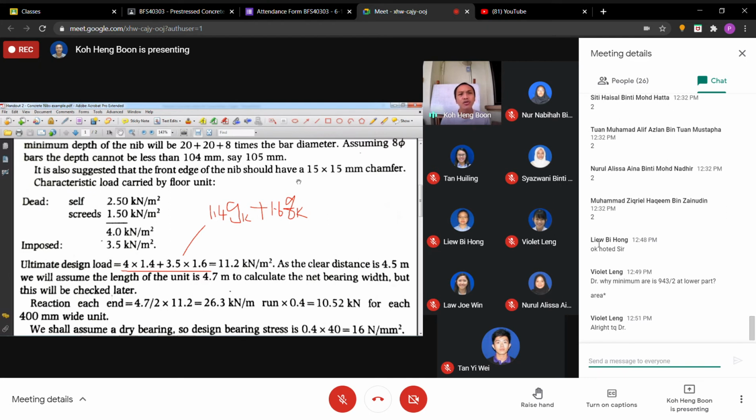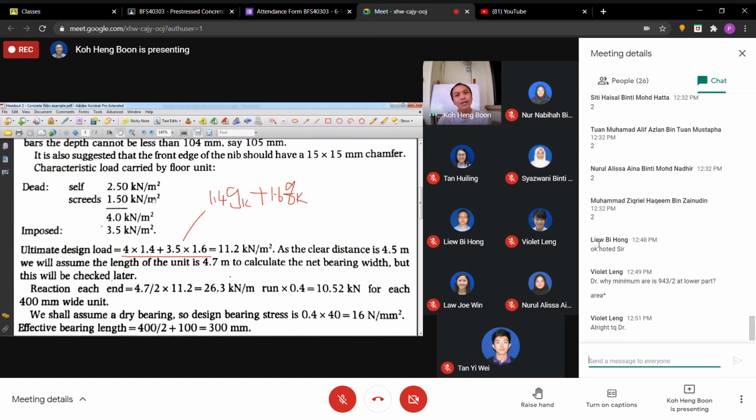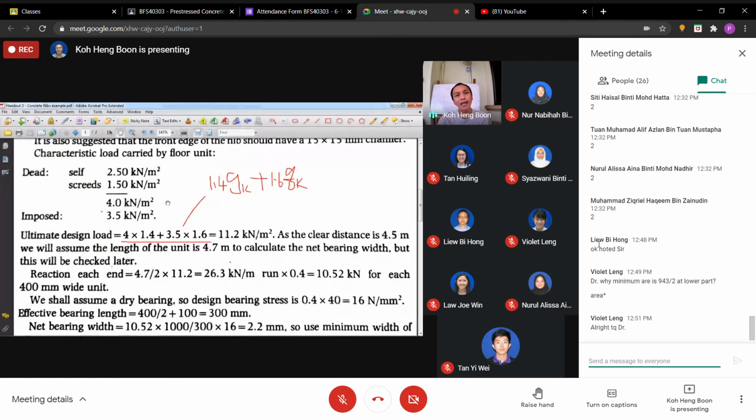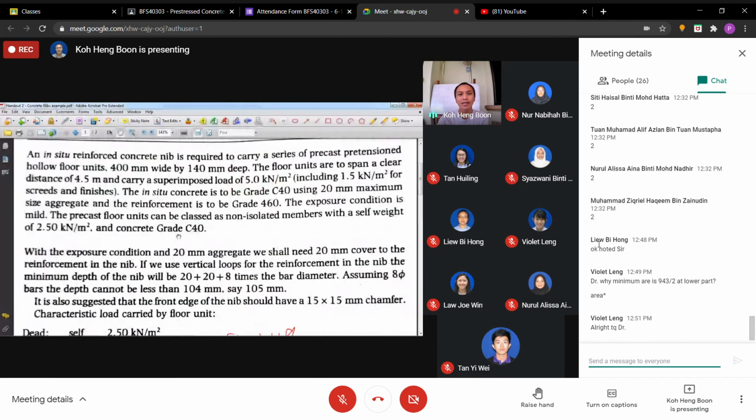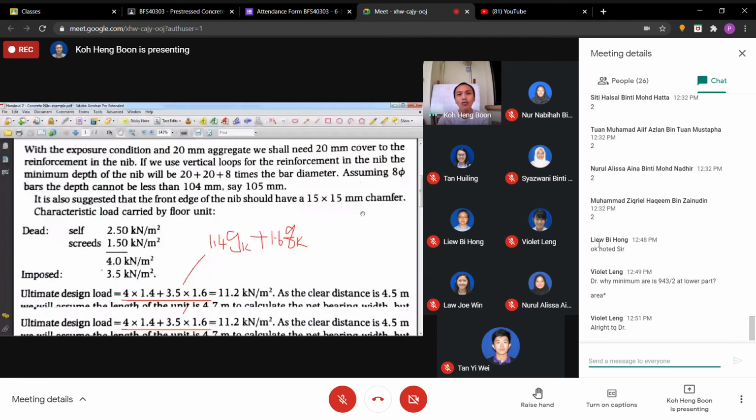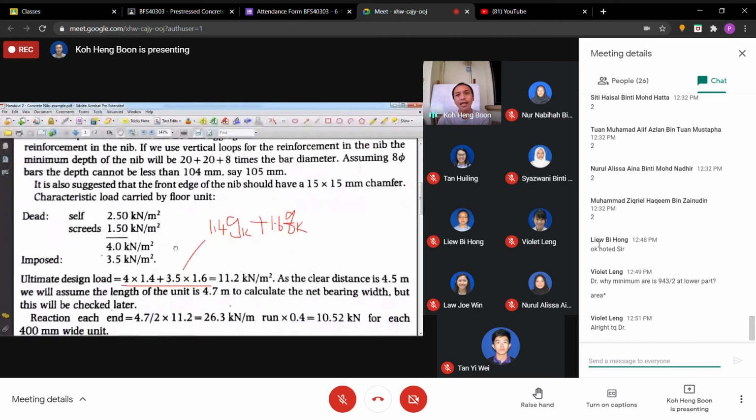It is also suggested that the front edge of the nib should have a 15 by 15 chamfer, which means there is a chamfer. So now we look at the load. Self weight of the floor is 2.5 and 1.5 finishes, because the total superimposed load is 5.